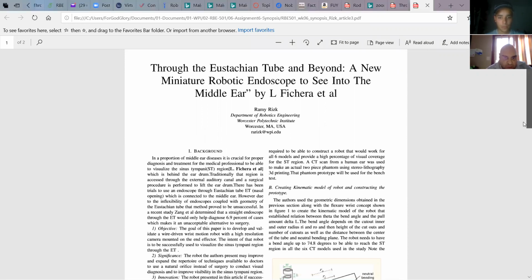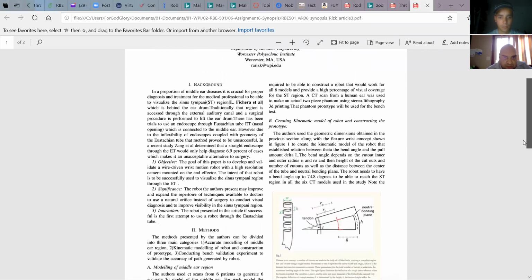We'll start with the background, and why this study was done: one of the directions in the medical robotic field is to try to use as many natural orifices in the body as much as possible.